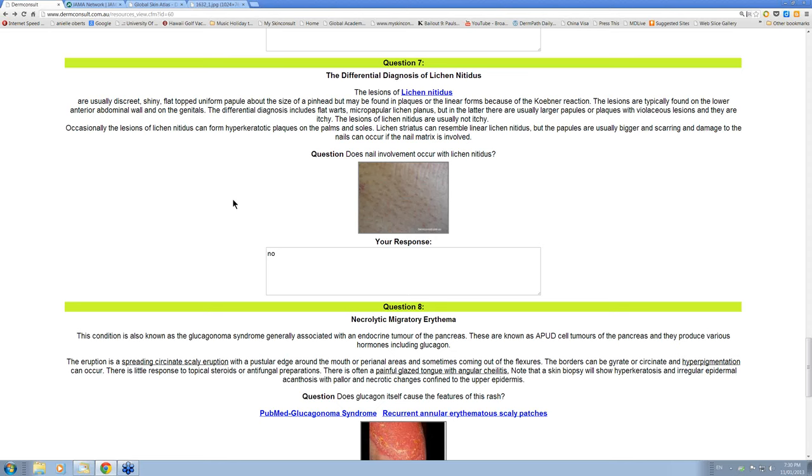What have we got about Sneddon-Wilkinson? Sorry, I'm not picking this up very quickly. It's really talking about pyoderma gangrenosum in this particular area.